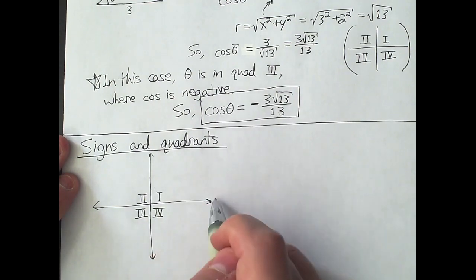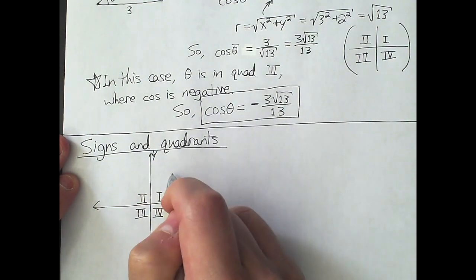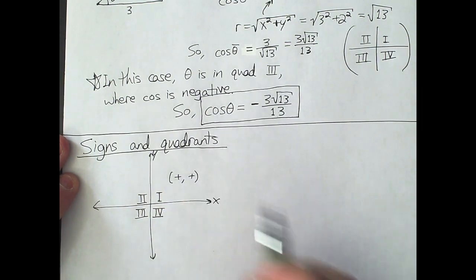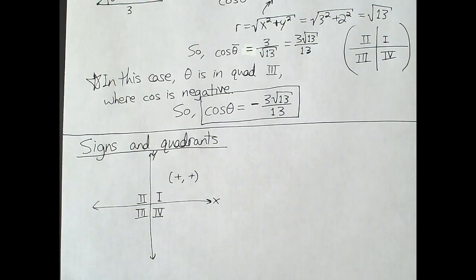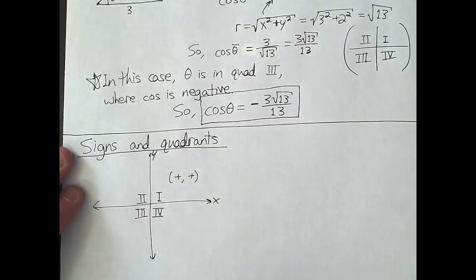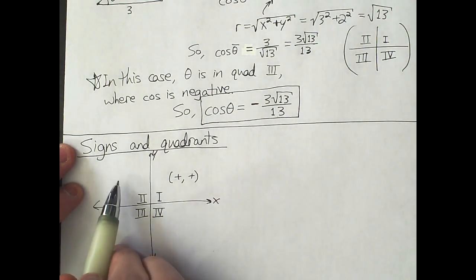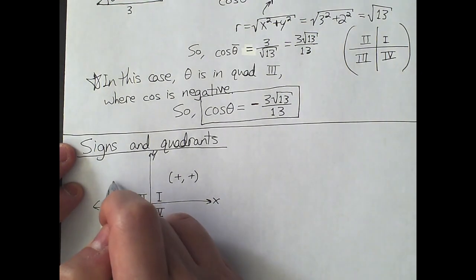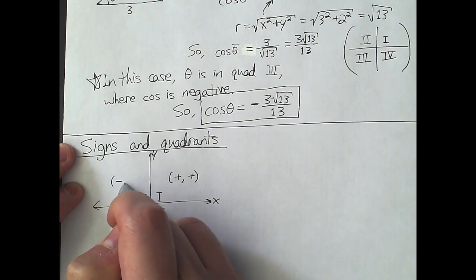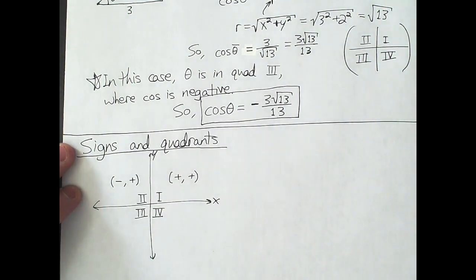I want to say that all points in quadrant 1 are always of the form positive, comma, positive, right? Because that includes points like 1, comma, 1, 2, comma, 3, 5, comma, 10. It's always positive, comma, positive. And any point that lives in quadrant 2 has a negative x value. So it's something negative, comma, something positive.